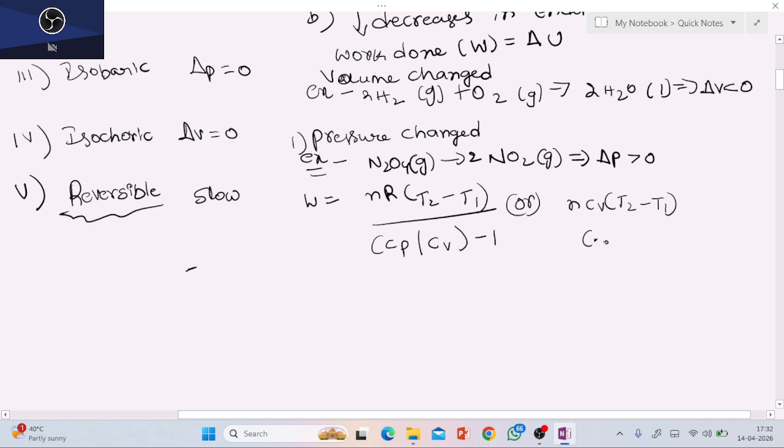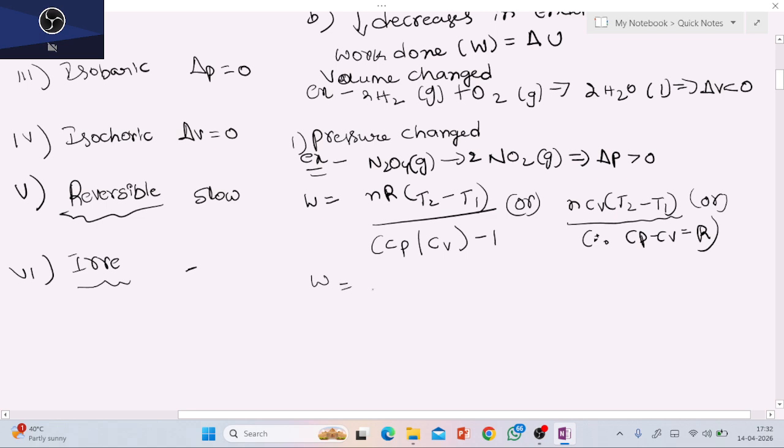Next system, irreversible system. Sixth one is irreversible system. Once the reaction is done, it can't be reversed once again. The system is not in the state of equilibrium and occurs quickly. Work done is minimum under isothermal adiabatic condition.